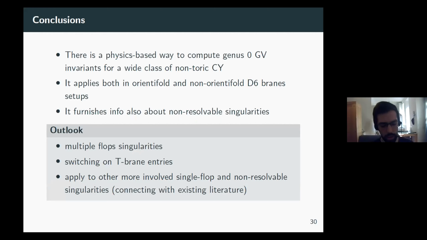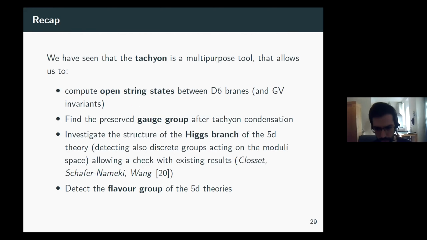I should say that we have not thought about this for now. What we have done is to compute the GV invariants for the geometries that can be reduced to 5 dimensions. In this paper by Closset, Schafer-Nameki, and Wang, they consider also the mirrors in type IIB, where they try to relate the two geometries, the type IIB perspective and the M-theory perspective, seeing the spectrum and the gauge groups.